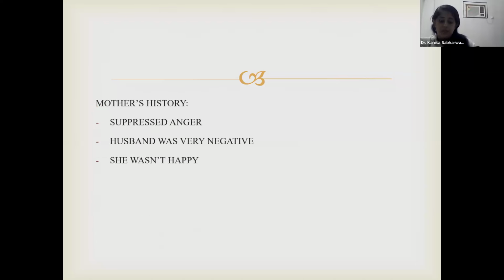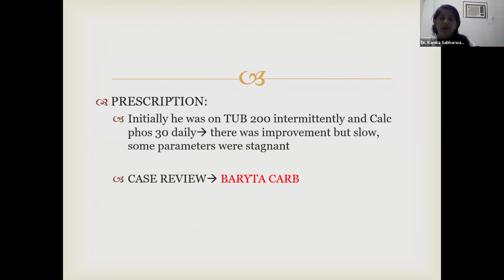Mother's history during pregnancy, lot of conflict between the parents. It was not a happy pregnancy, even though they really wanted a child and had finally conceived. A lot of suppressed anger in the mother. Okay, so now in this case, I'll tell you, I first gave Calcarea Phos, Tuberculinum 200 intermittent doses and Calcarea Phos 30 every day.